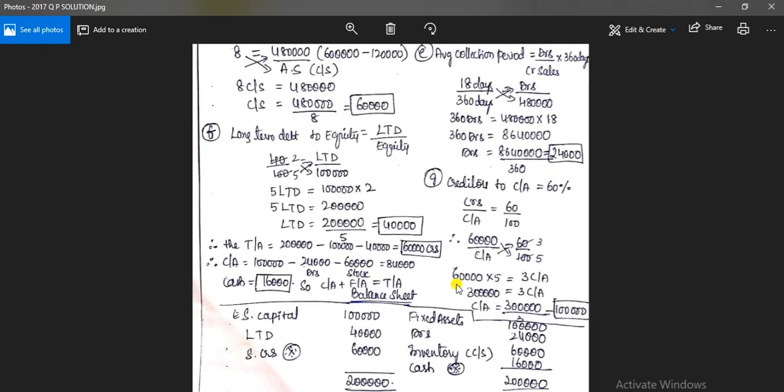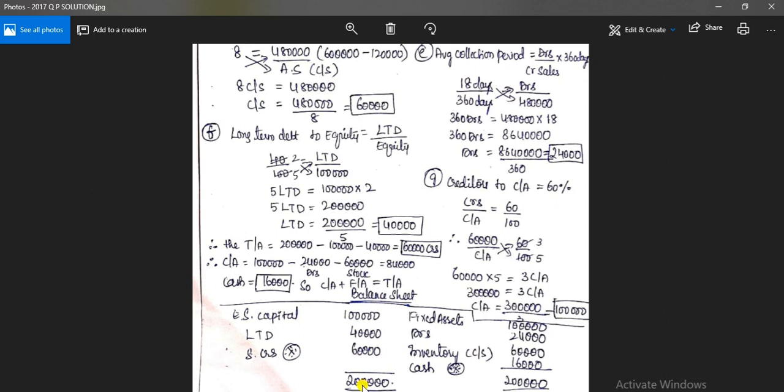They have given equity share capital, long-term debt and sundry creditors. Long-term debt we have already calculated as 40,000, and equity share capital is 1 lakh, given in the problem. The remaining is creditors. If you consider it as a balancing figure, you will get 60,000 as the sundry creditors.